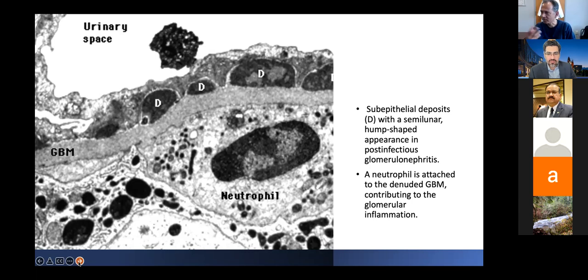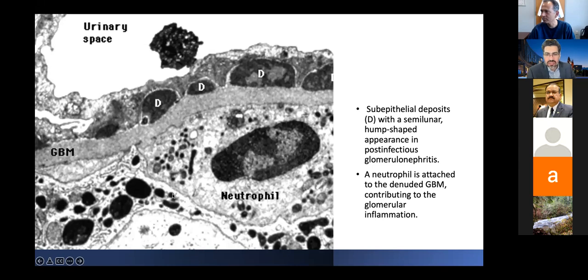These are antigen-antibody complexes, and this is very prominent. It's not specific for this form of infection. It can happen in other diseases also, but it is very commonly seen in post-Streptococcus GN.